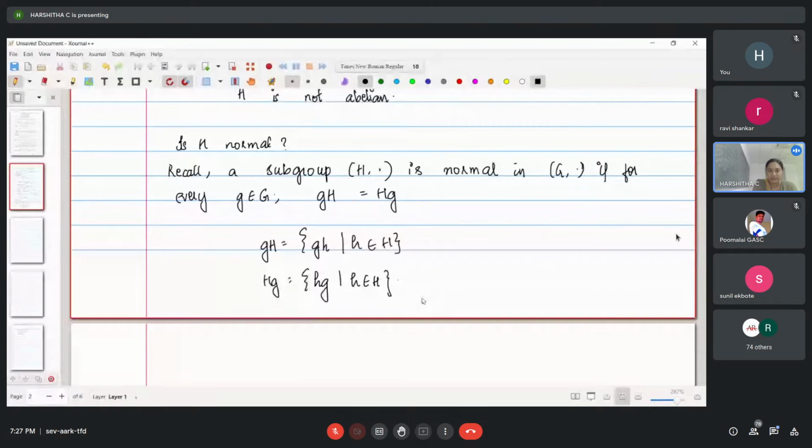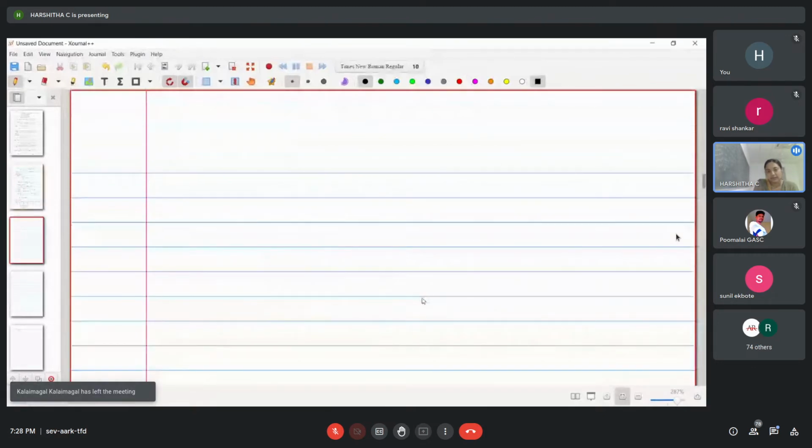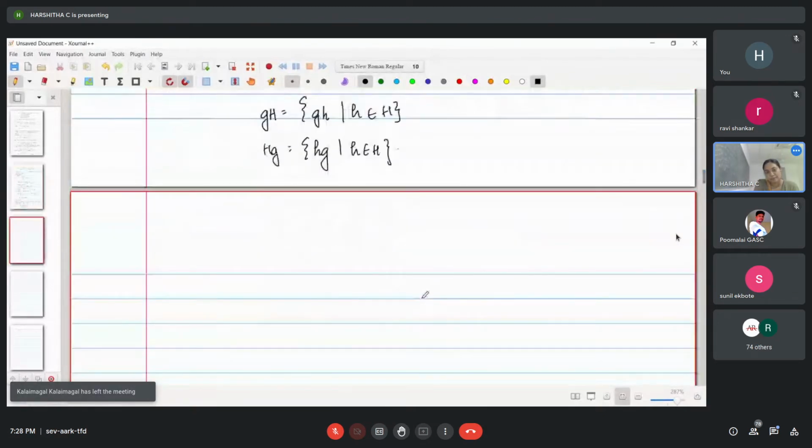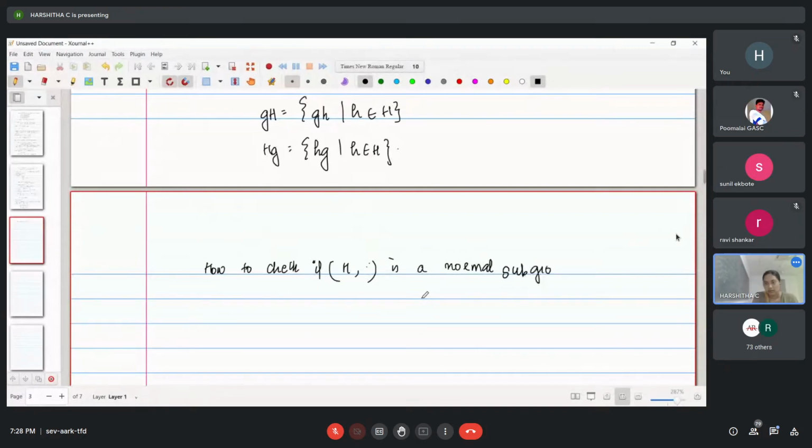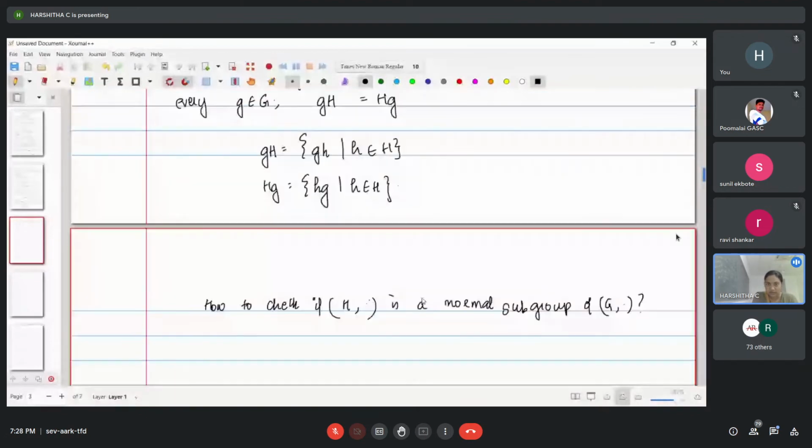So let's go back to our question. One way is, see, how do you check if something is normal? If H is a normal subgroup of G, see, what does it mean by Hg equal to gH?